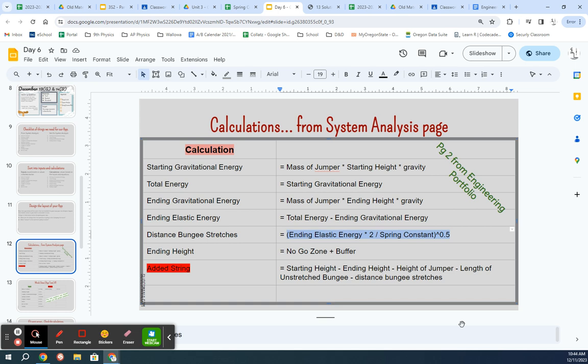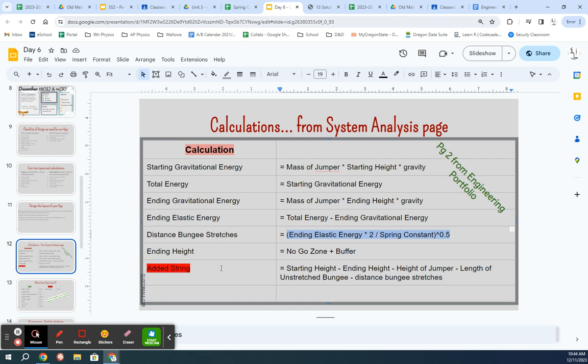Added string. This is the final calculation. This is the most important part. This is the part that the operator wants. They want to know, how much string do I add to the bungee so that the person can have a fun bungee jump? We know how much the bungee is going to stretch. We just need to know how much string to get them to just the right location.